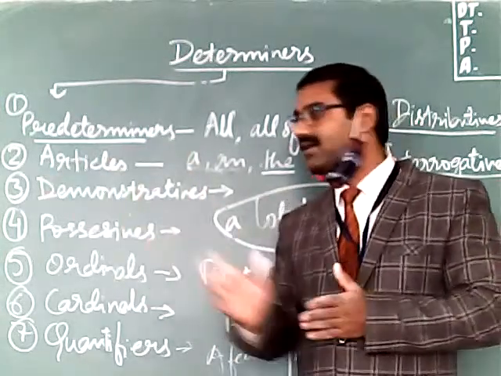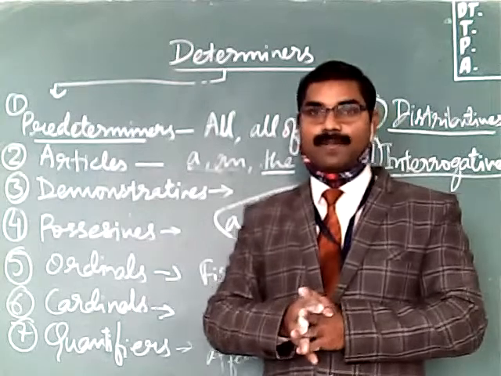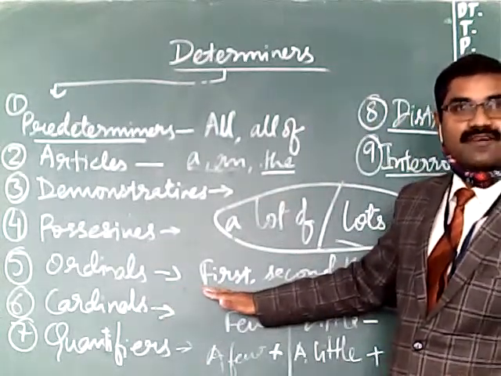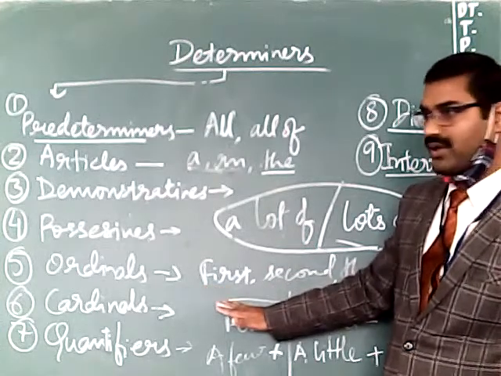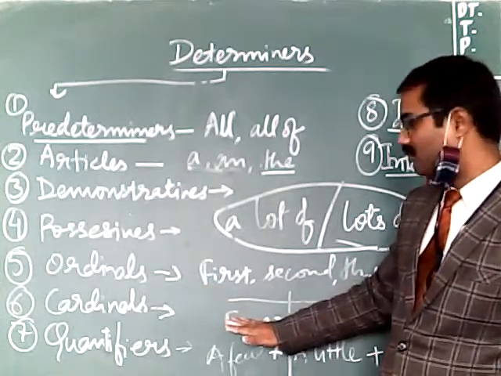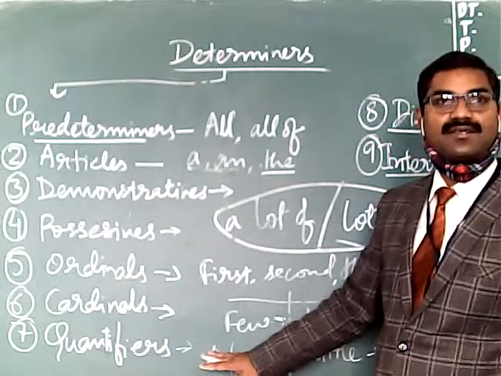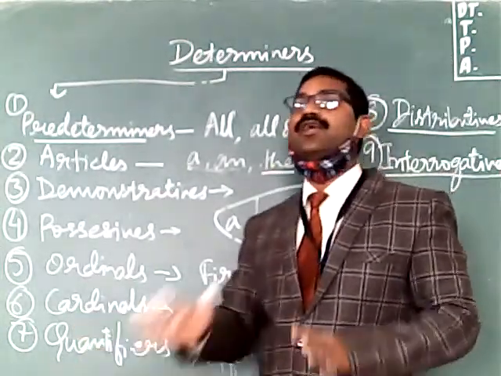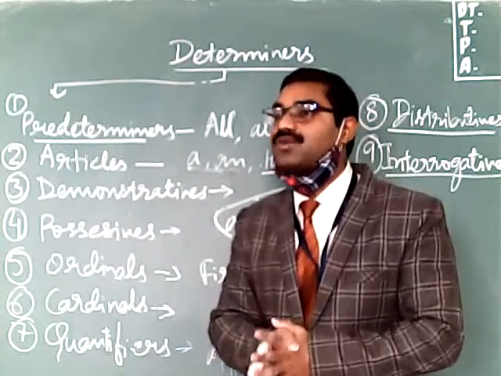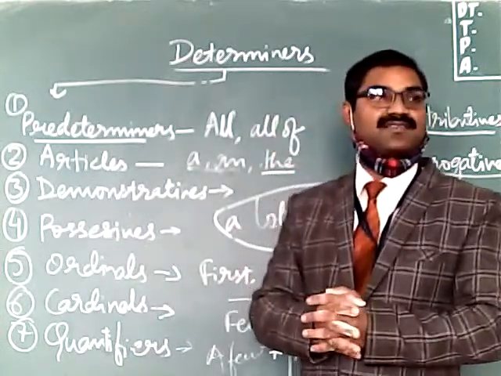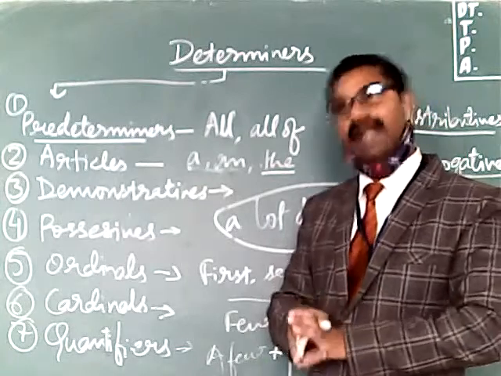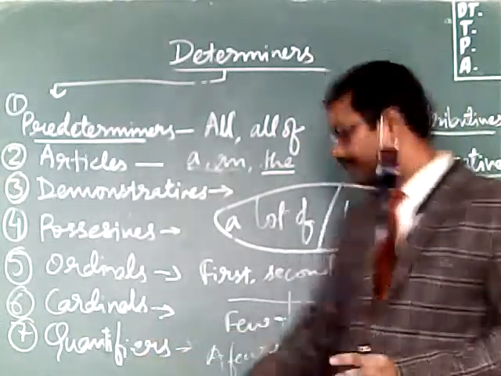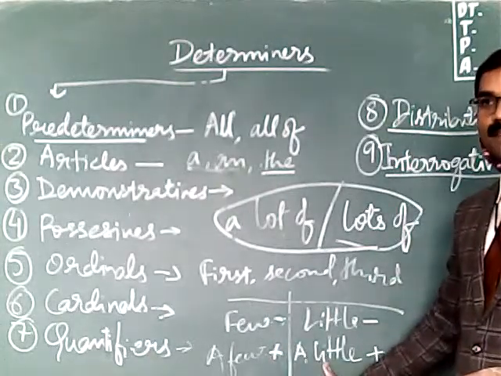Ordinals show order: first student, second student, third chair, fourth class. And cardinals show number: 6 tube lights, 7 fans, 2 wristwatches. And quantifiers show quantity, which is discussed here.